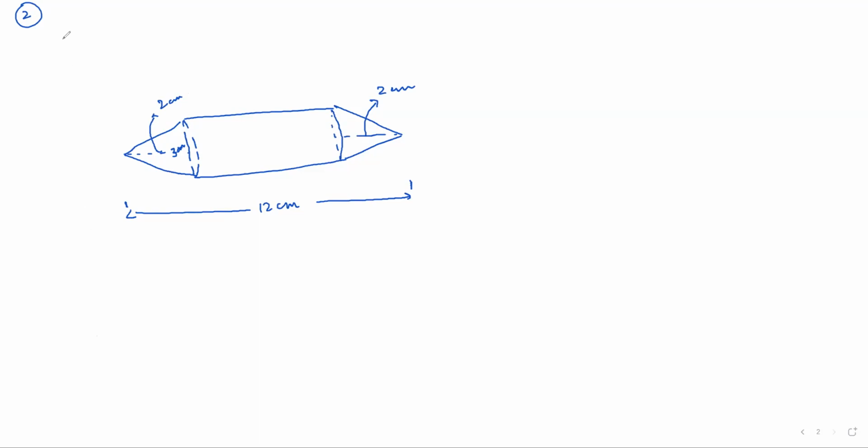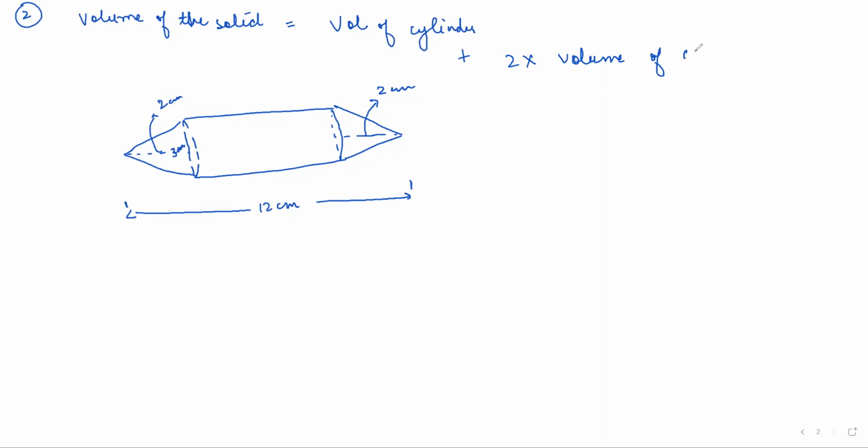So first of all, what will be the volume of this solid? It will be simple volume of cylinder, right? And plus 2 into volume of cone, isn't it? Because both the cones have the same dimensions, height 2 centimeter and radius also the same.